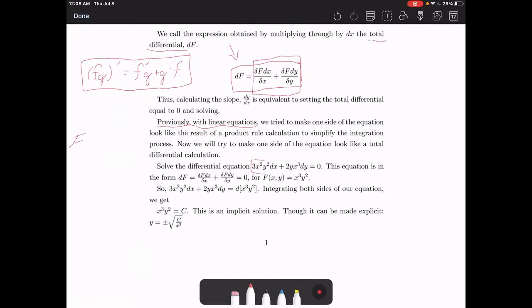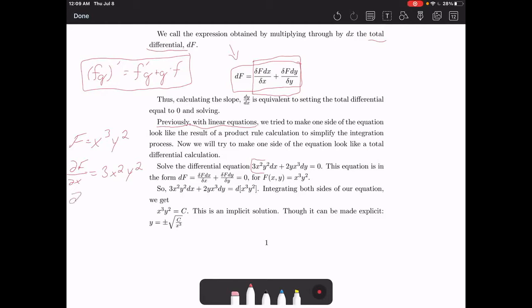If f is equal to x cubed y squared, then df dx, well, that's just the derivative with respect to x, imagining that y is just a constant. So that will be 3x squared y squared.